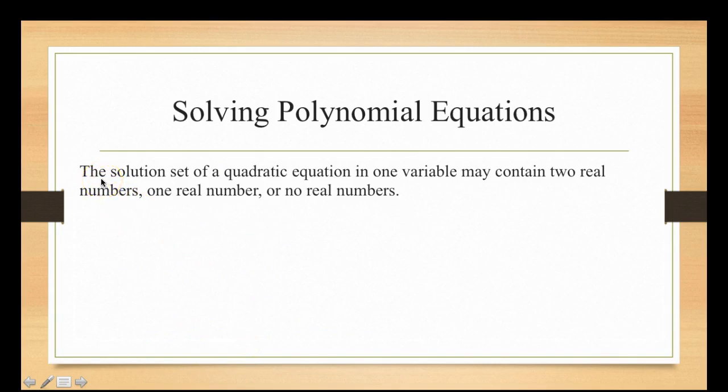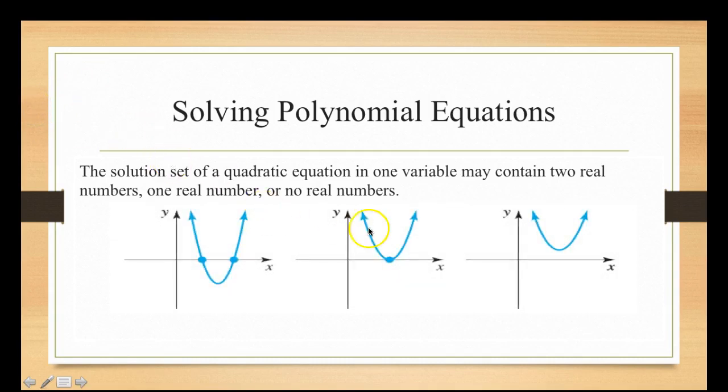There are 3 types of solutions we can have. You can have a situation where you have 2 x-intercepts, 1 x-intercept, or no x-intercepts. That's for any quadratic that we graph.